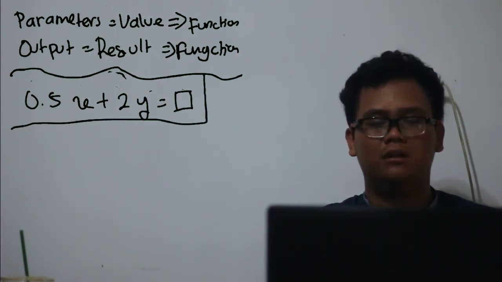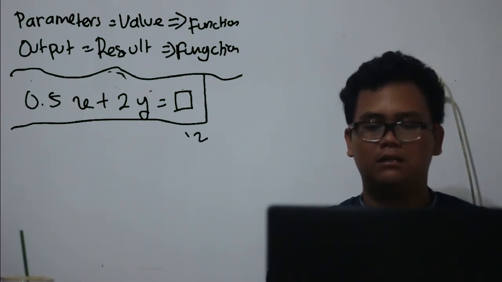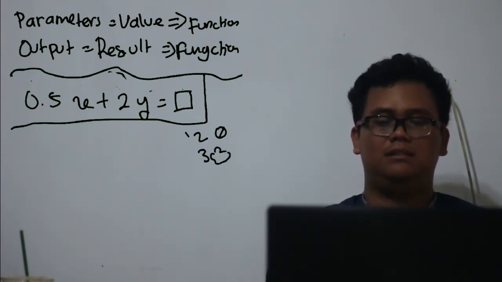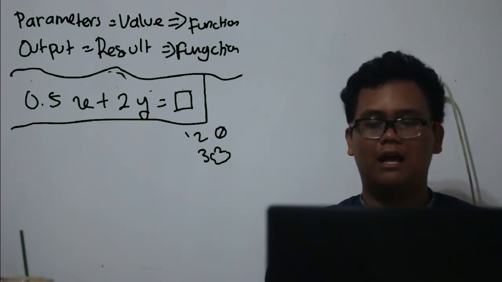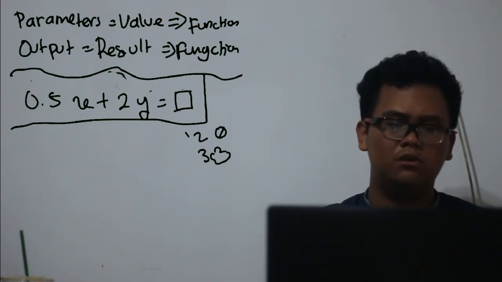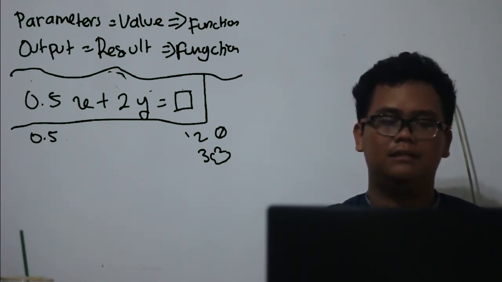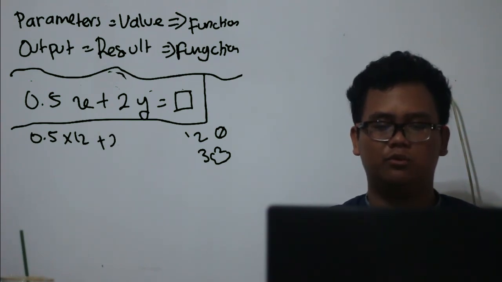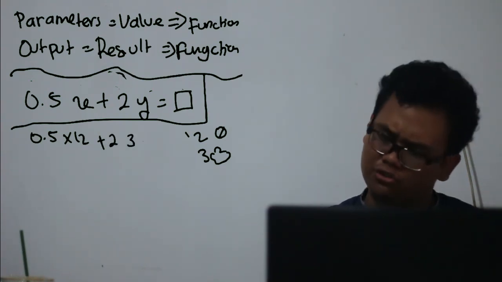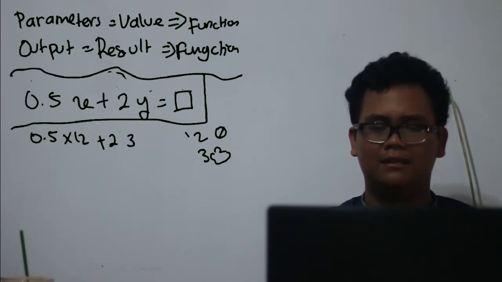Now we input what I wanted, so I want 12 drugs and 3 cups of coffee. Just input it: x is the drugs, so I want 12 drugs, so 0.5 multiplied by 12, then plus 2 multiplied by 3, because I want 3 cups of coffee.